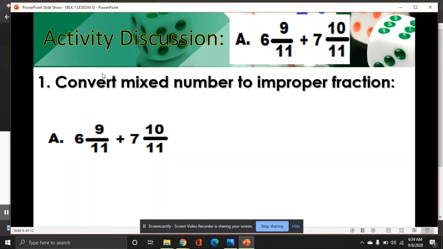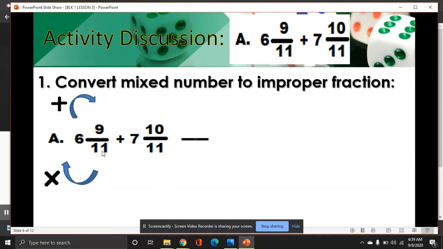So how can we do it? First, we need to multiply our denominator by the whole number and the result would be added to our numerator.